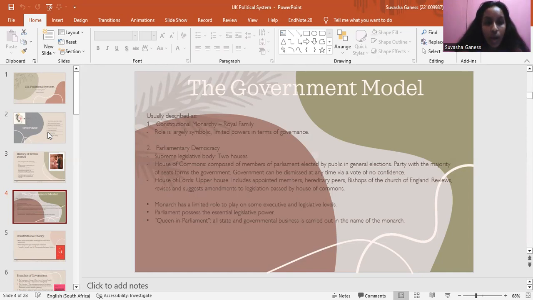Then your House of Lords is your upper house, which includes appointed members, hereditary peers, and bishops of the Church of England, and they review and suggest amendments to legislation passed by the House of Commons. So the monarch has a limited role to play on some executive and legislative levels. Parliament possesses the essential legislative power, and they follow the Queen in Parliament rule, which is that all stated governmental business is carried out in the name of the monarch.